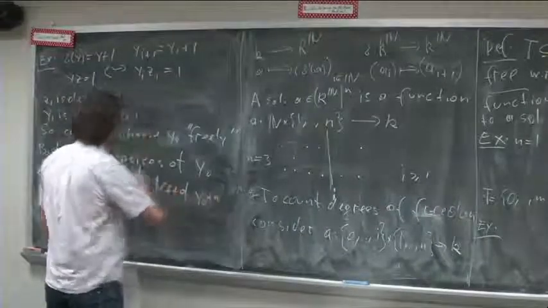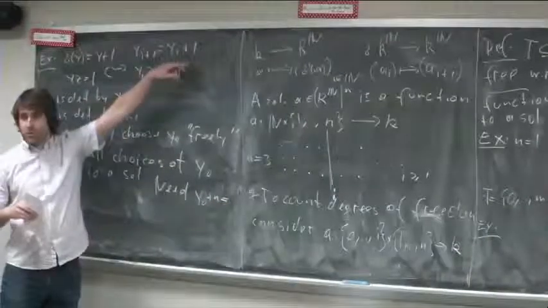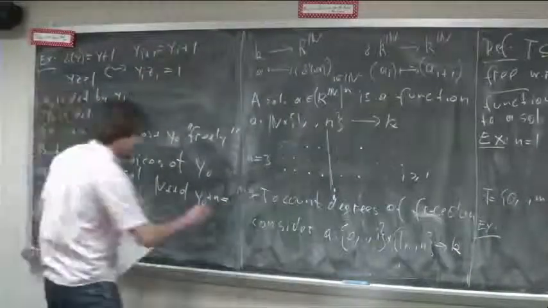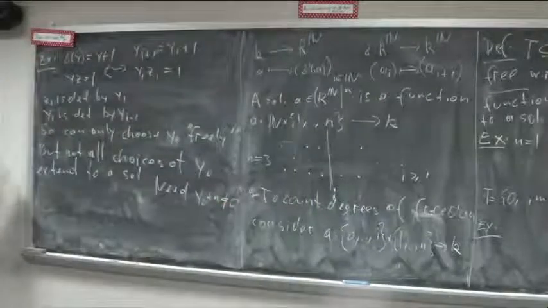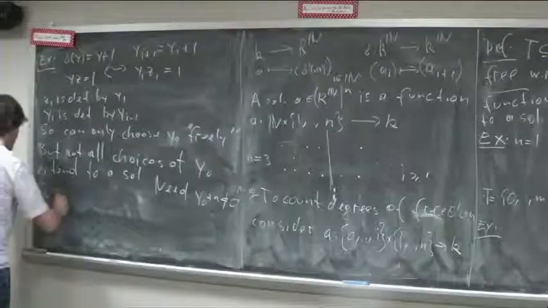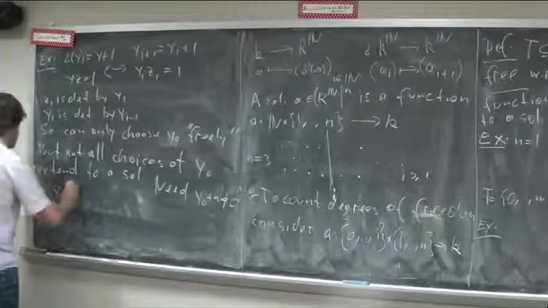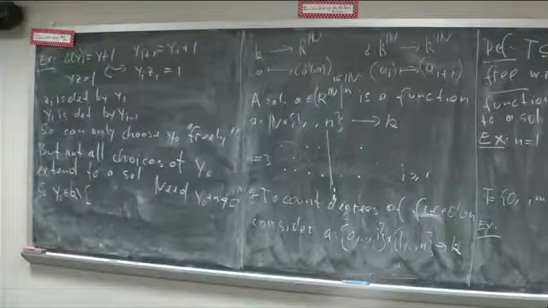So what you need to extend the choice of y0 to an actual solution is that y0 plus n, when you iterate this plus 1 here, you get plus n, and you need this to be non-zero for all n. So the y0 needs to be chosen in k, but you have to avoid negative integers.